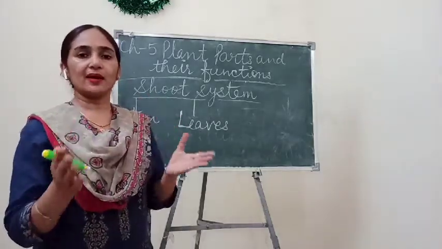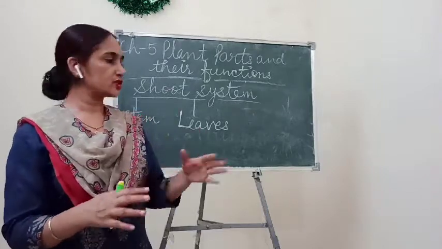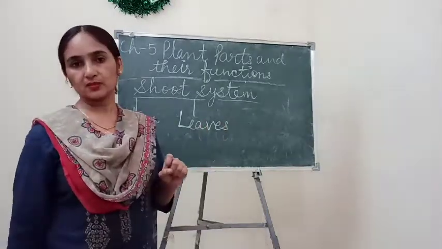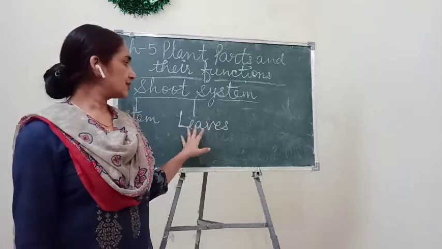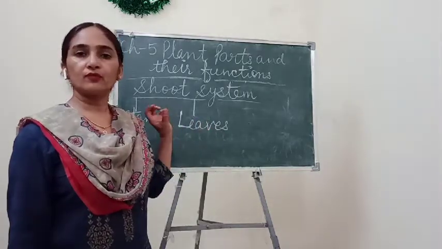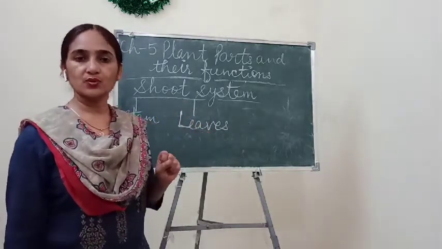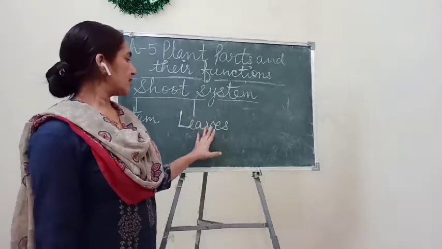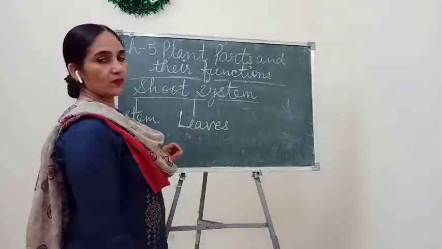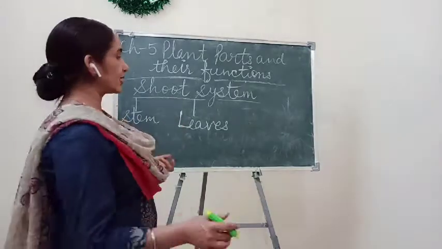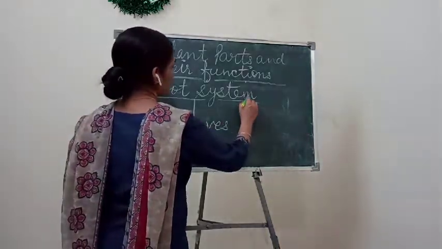So we can get only that food which is prepared by the leaves of the plants. Understand? So we can say the ultimate source of food is the plants only. So leaves are very important because they provide the most essential thing which is called food.